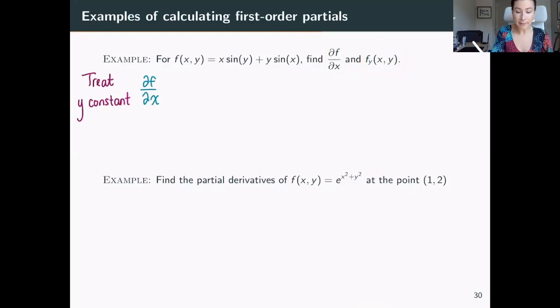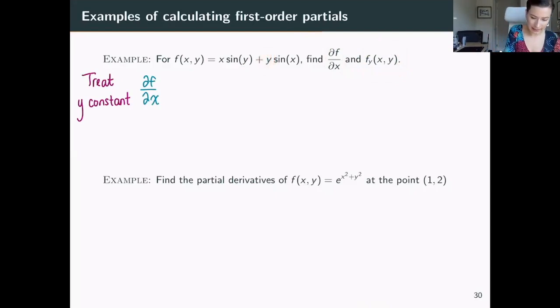And then that means that essentially to find the derivative, I'm going to view sine of y as a number and y here as a number. So it can get a little confusing.